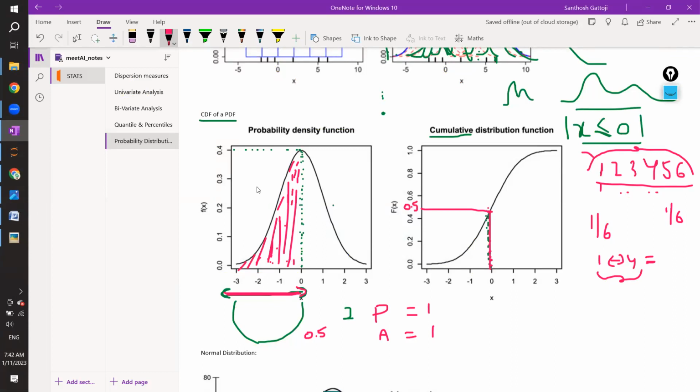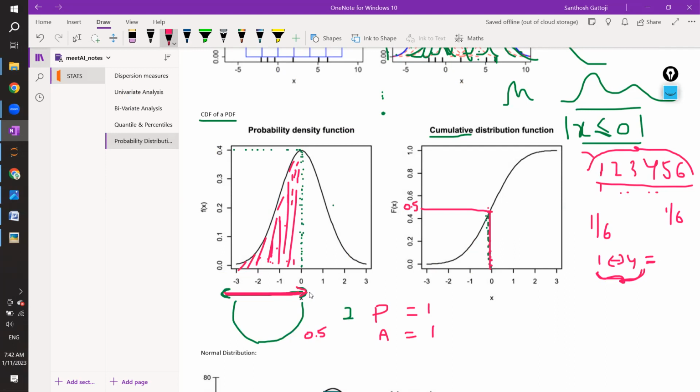Any number is possible within the range, but I'm not interested in that. Just like how I'm saying between 1 to 4, what is my probability to find this range? Here also I'm asking between -3 to 0, what is my probability of finding my random variable? I don't care what all the possible values of my continuous random variable are. My interest is between -3 to 0. Tell me the probability of finding that random variable. Getting it?